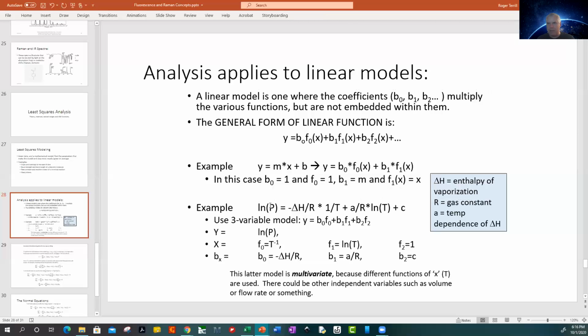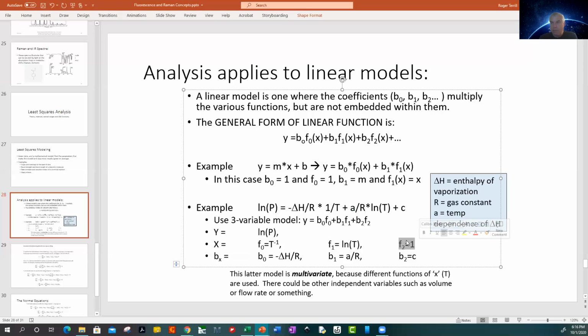So you can develop a P versus T data set, and it's just one number, one number, one number. This is you vary the temperature, right? And then you can modify these data by taking the logarithm of the pressure. Then you can take F0, which is the inverse of the temperature, F1, which is the log of the temperature, and F2 here is simply the number 1, right?